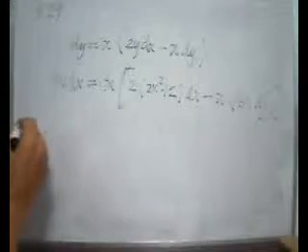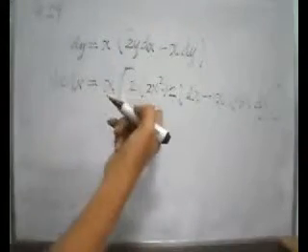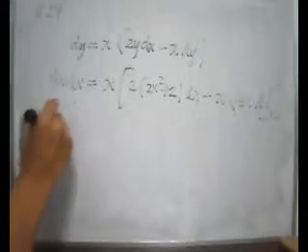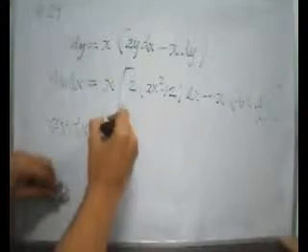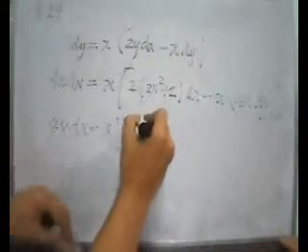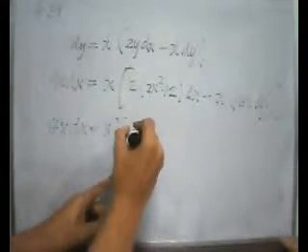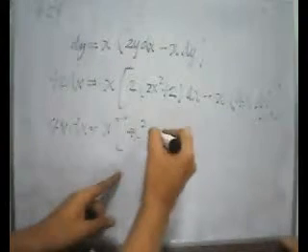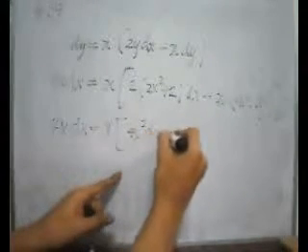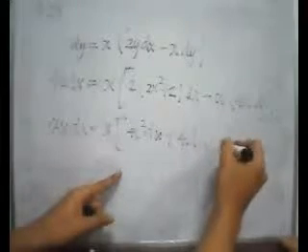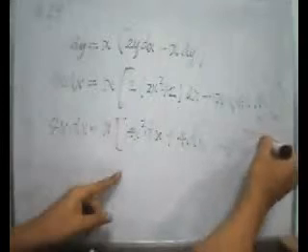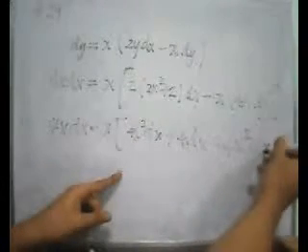Okay, so let's see if it's equal to 4x dx. We have 4x dx equals x times the quantity 4x squared dx plus 4 dx minus 4x squared dx.